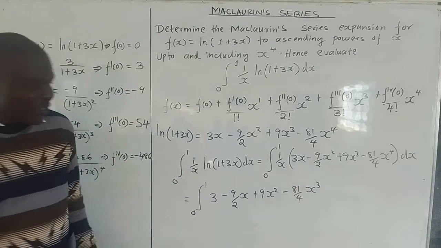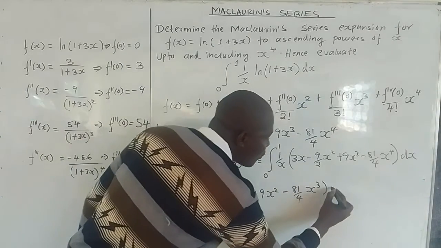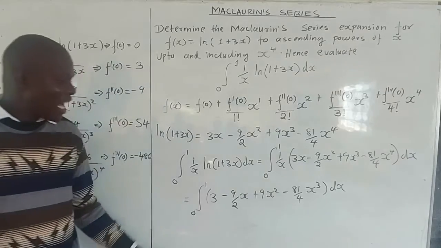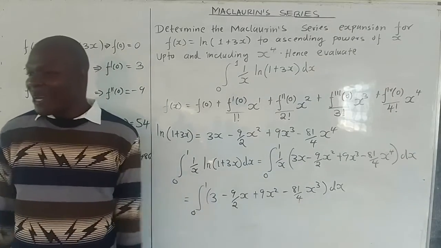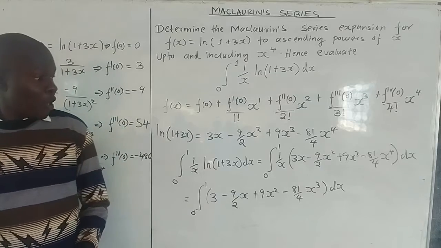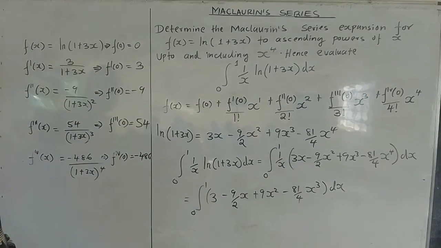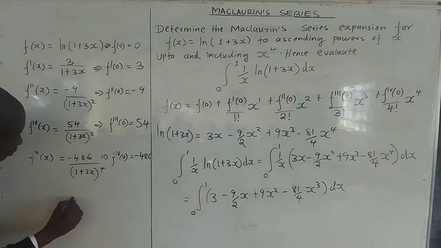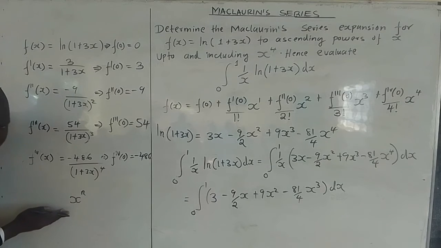So this is now what we are integrating. It is a polynomial, and integrating a polynomial is always the simplest. When you have x raised to power n, you want to integrate.